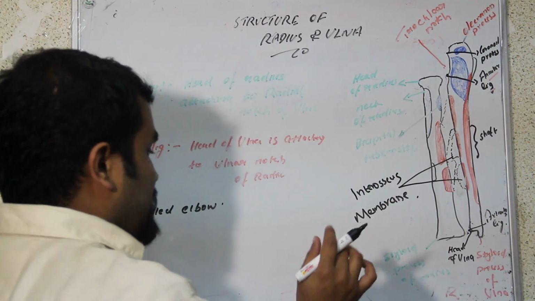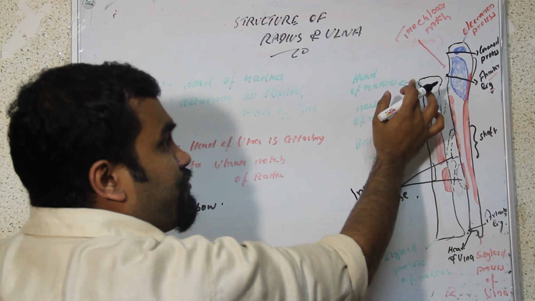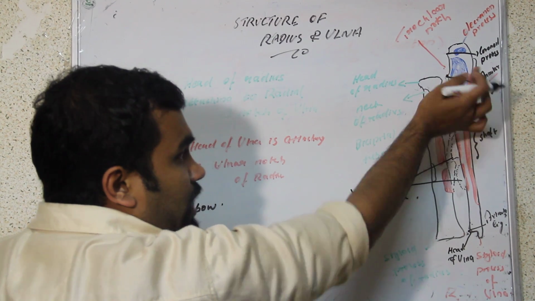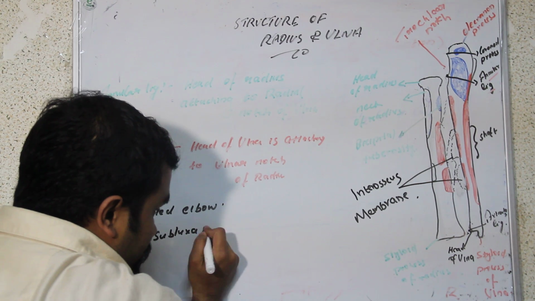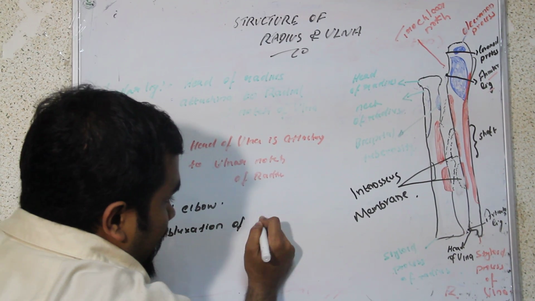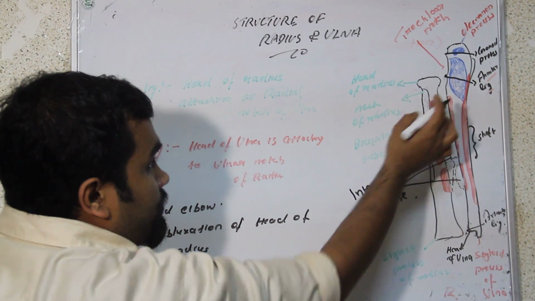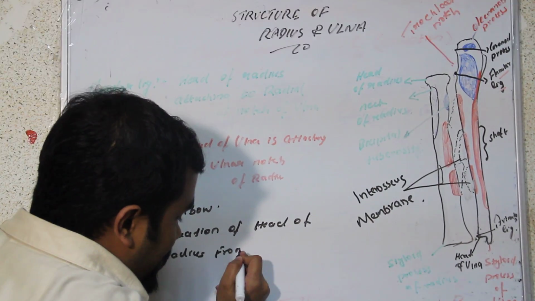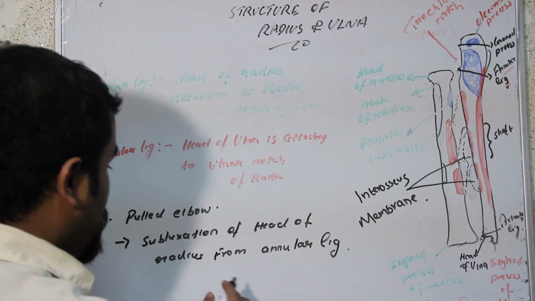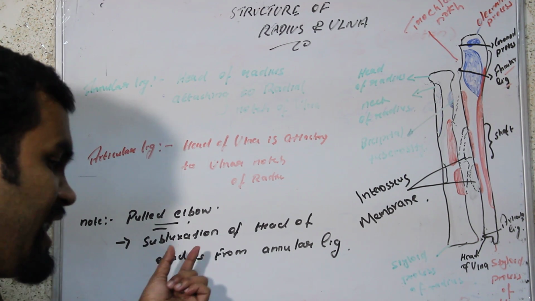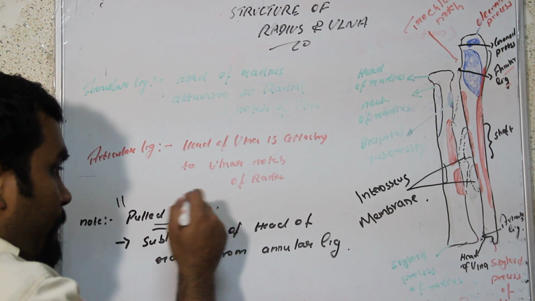It is simply a subluxation of the head of the radius from the annular ligament. This is a condition, subluxation of the head of the radius from the annular ligament. It will cause pulled elbow.